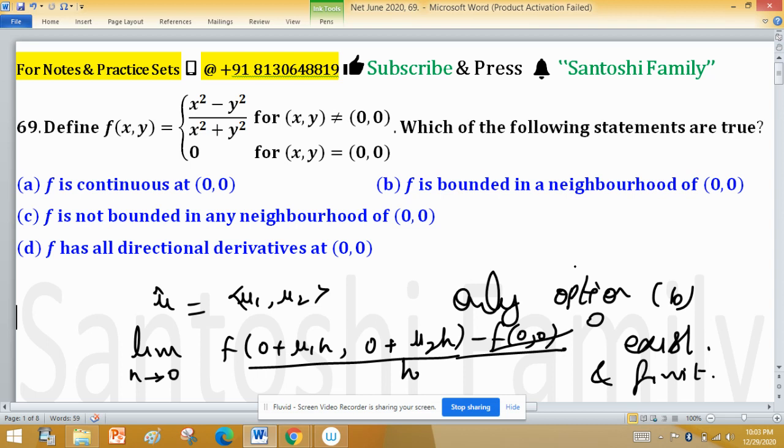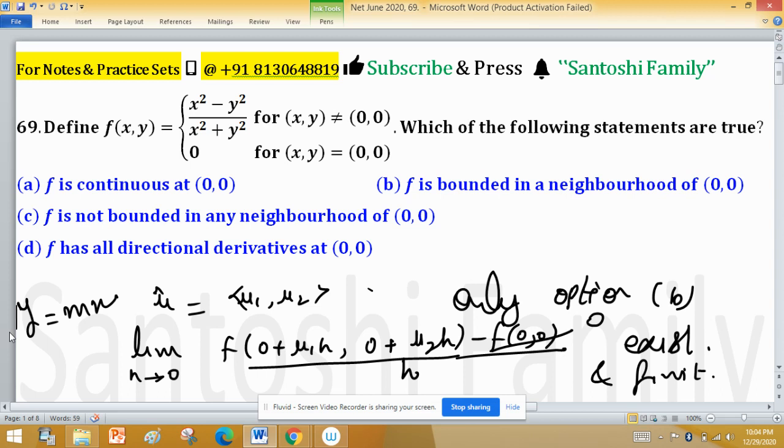0, 0. Because the function can be represented in terms of x upon y, set y equal to mx type. And what is the benefit? You can translate this two variable function into one variable along this path, y equal to mx type path.